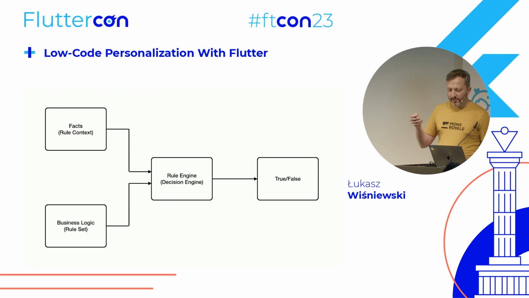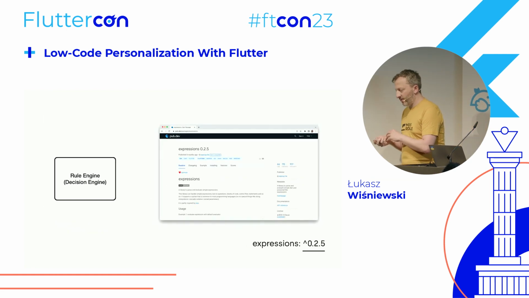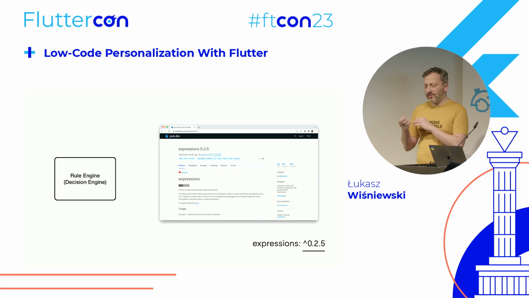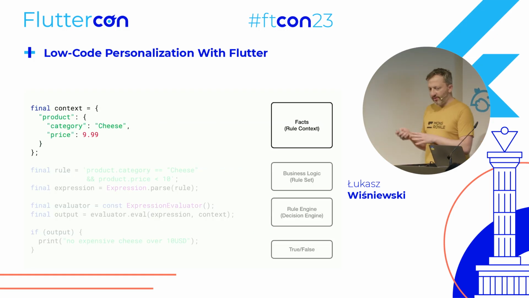By doing this, we can use a package called expressions as our rule engine. It can parse very basic expressions like equals, multiplication, and invoke simple functions. So that's a good start.